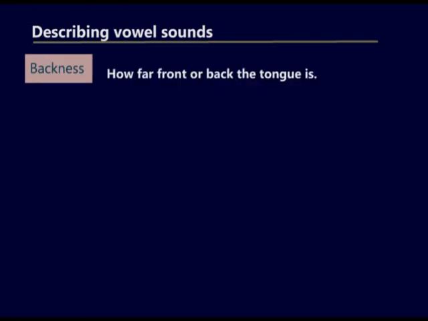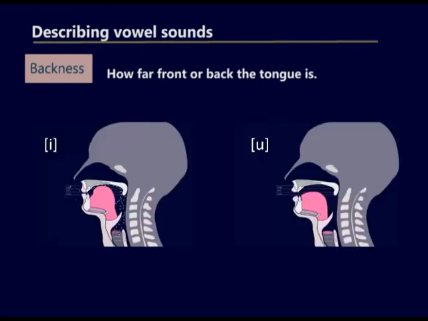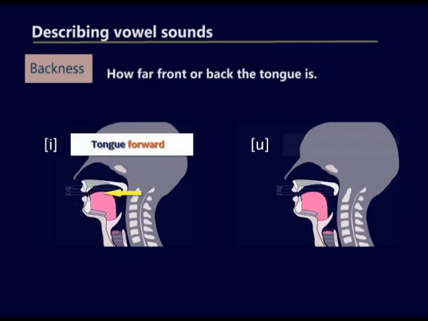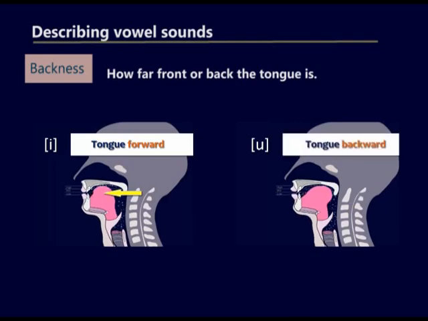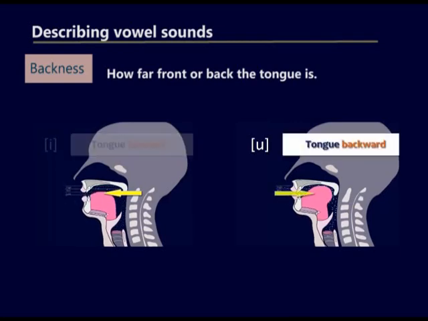Backness refers to how far front or back the tongue is when producing the vowel. As with vowel height, this can be tricky as it takes some practice, but consider the vowels E and Oo. If you say these vowels in succession, you may notice that your tongue is moving forward and backward as you say E, Oo, E, Oo.